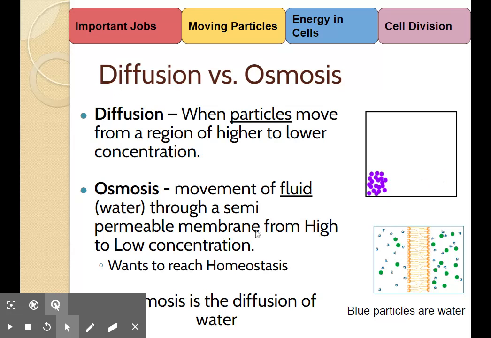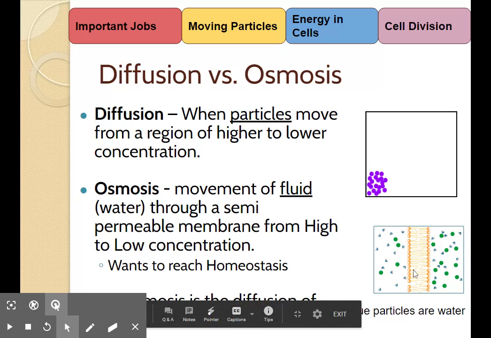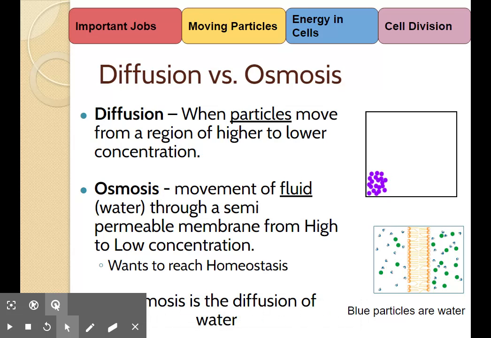That's diffusion. Osmosis is a case of movement of fluid, only fluid. That fluid most of the time is water. And it goes through a semi-permeable membrane, some sort of membrane here. Semi-permeable means it lets things pass by. So not like a Ziploc bag, that doesn't really let much pass through, but I'm thinking more of some sort of gauze or cloth that would let things pass through pretty easily.